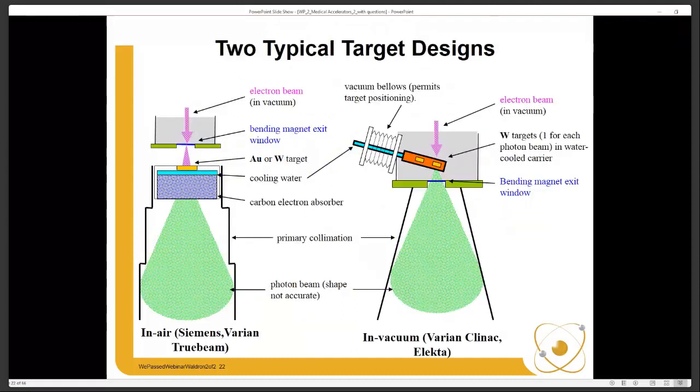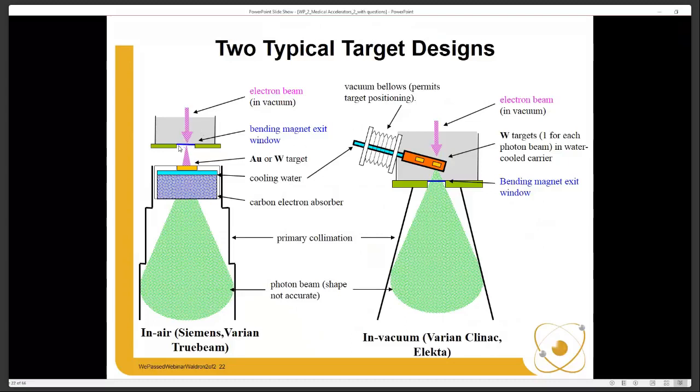Here are a couple of target designs. I'm showing it in vacuum on the right and in air on the left. If we've got a Varian TrueBeam, or a Siemens machine, say a Primus or even a Mevatron, the electron beam comes from the accelerating structure and bending magnet part of the accelerator.